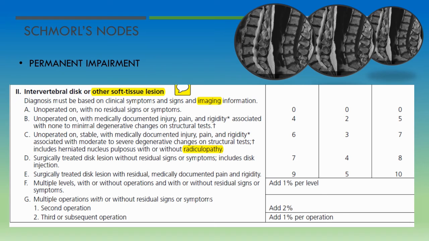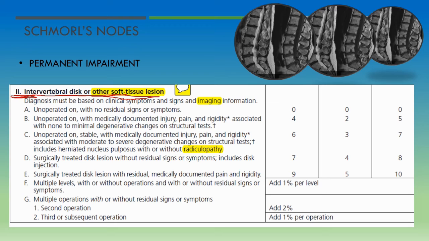Next, you may decide that the specific spine disorder that most closely applies to your particular examinee is under category 2 of table 15-7. And this category provides for permanent impairment ratings due to intervertebral disc or other soft tissue lesions.